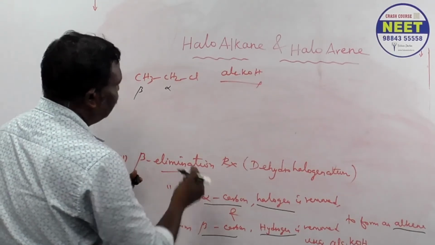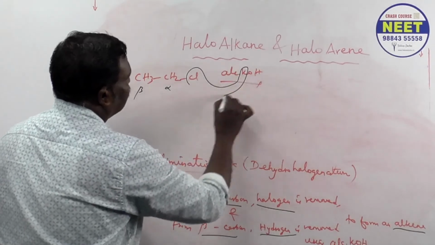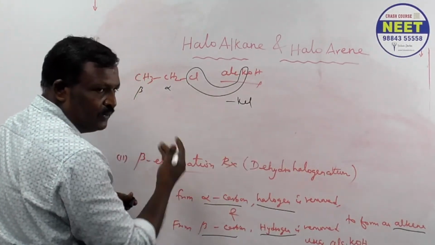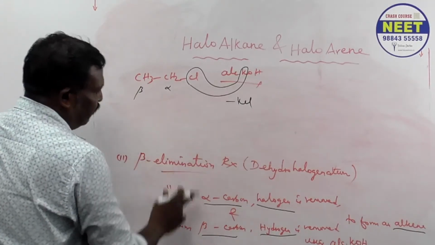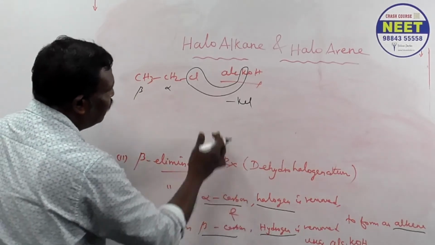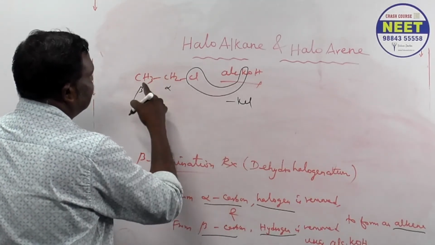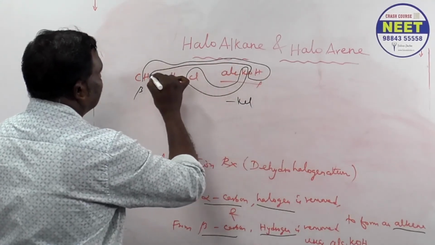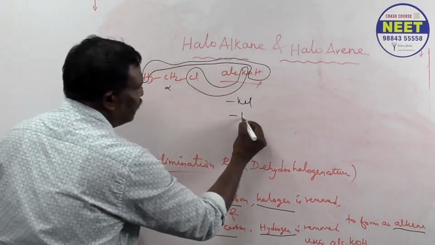How is halogen removed? Halogen minus KCl, no? This is a way to remove. Okay. From beta carbon, hydrogen is removed. How is hydrogen removed? One hydrogen, one OH. Just remember, minus H2O.